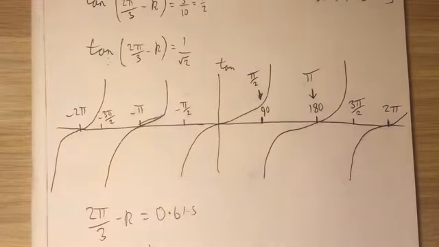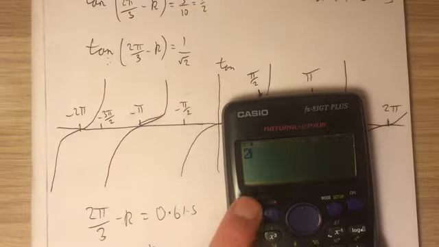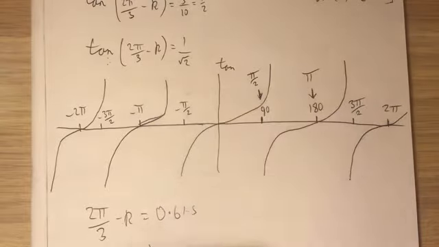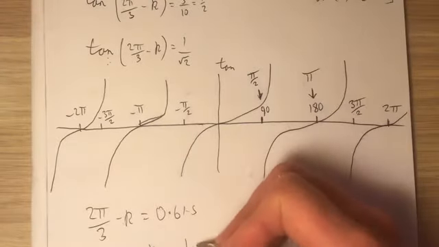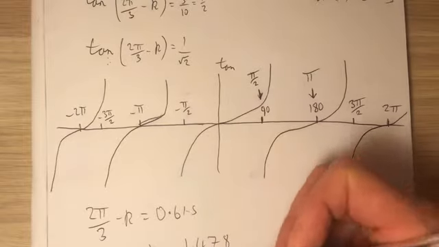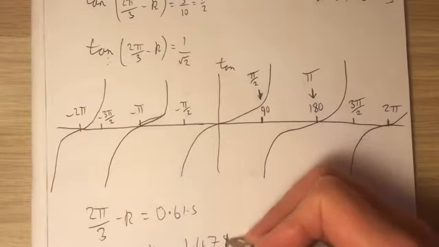And I'm going to say, calculator, help me please. What is 2 pi divided by 3, take away my answer? 1.4789 apparently. So 1.478. That's enough. Really, I should probably round that, but anyway.